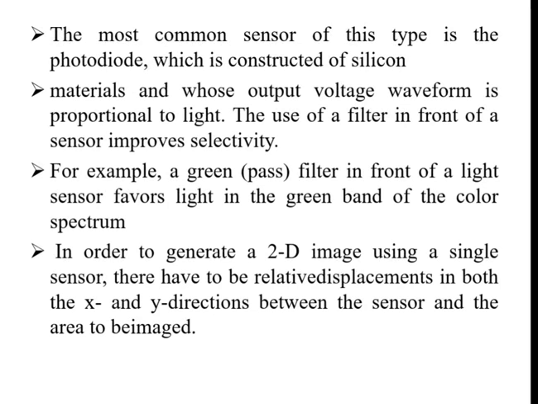For example, a green pass filter in front of the light sensor favors the light in the green band of the color spectrum. In order to generate a 2D image using a single sensor, there has to be a relative displacement in both the x and y direction between the sensor and the area to be imaged.